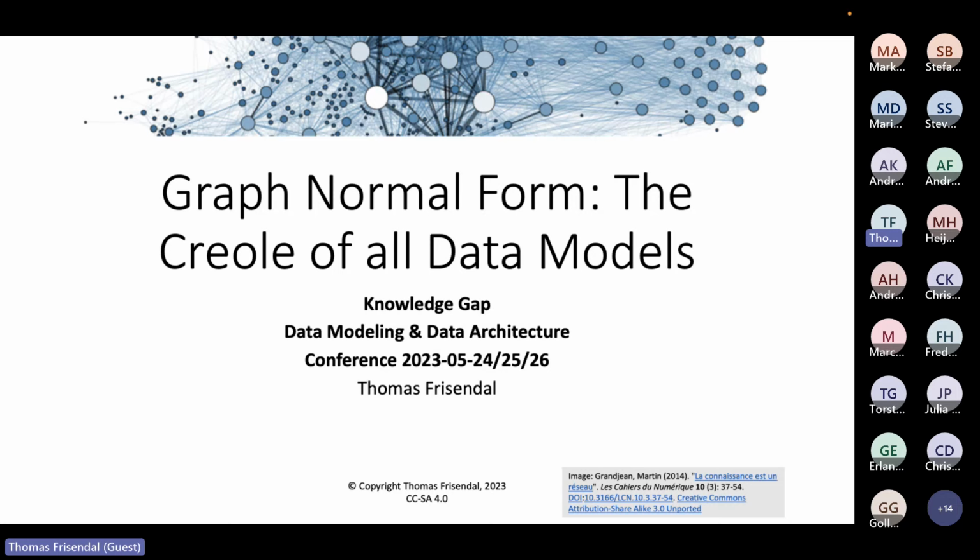So there will be a lot of graph in this, and the title of this presentation is Graph Normal Form, right? For many years, I've been thinking that there ought to be, or there is probably, a common denominator of all data models. And I've been thinking of it as the Creole of the data models.